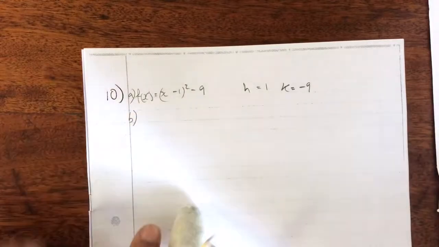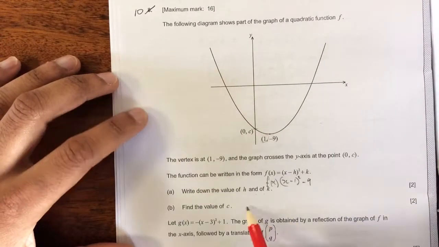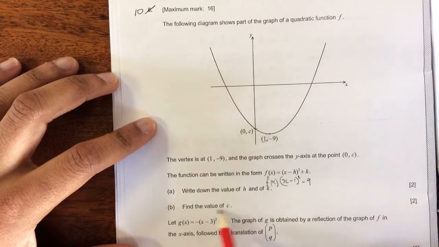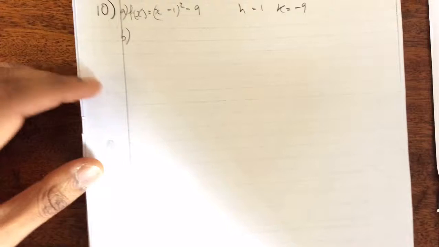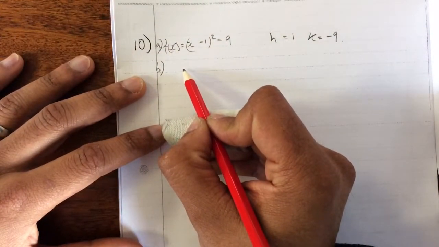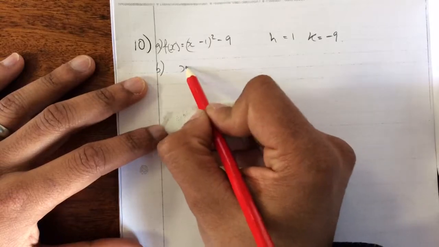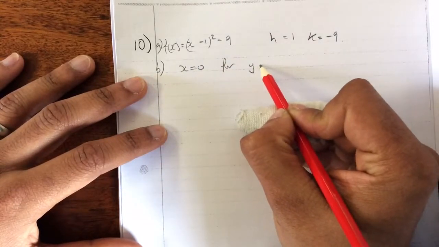Part B. Part B is saying find the value of c. So c is the y-intercept of this. Now, when you've got the y-intercept, you're going to put y equals 0. So actually, for the x equals 0, not y equals 0, so x equals 0 for the y-intercept.